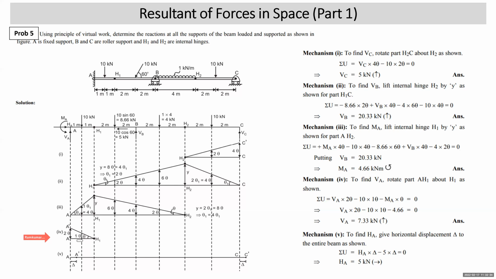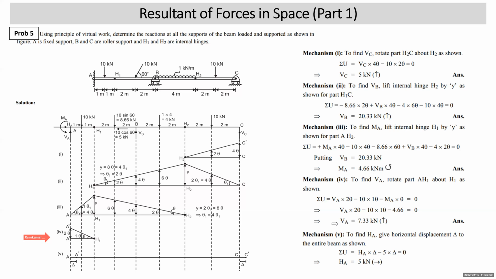So at 1 meter it is 1 theta, at 2 meter it is 2 theta. Algebraic sum of the work done: VA into 2 theta will do positive work. MA is anti-clockwise and rotation is clockwise, so work done by MA will be negative, minus MA into theta. Work done by 10 is also negative, minus 10 into 1 theta. Right? Theta gets cancelled. Substitute the value of MA, 4.66 kilonewton meter.